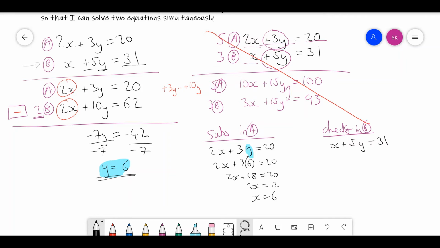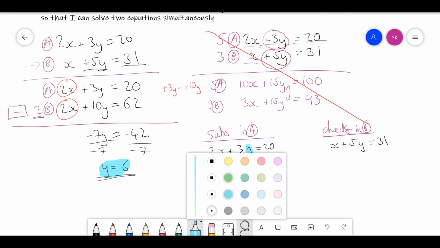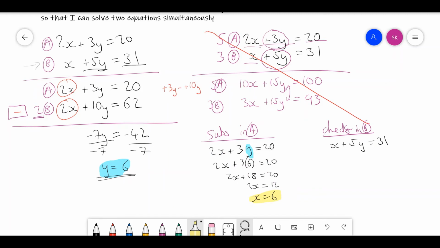So instead of x, I'm going to write my solution for x, which was here. Instead of y, I'm going to write my solution for y, which was over there. So therefore I know that those two are correct.